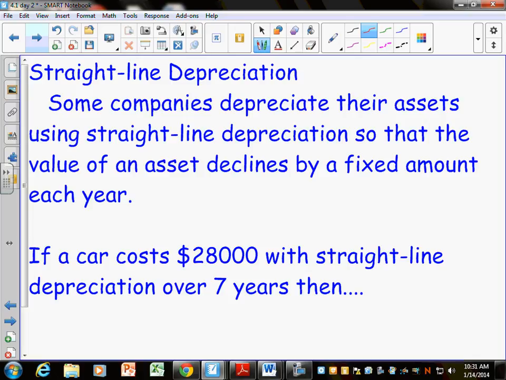Yeah. All right, this is the other thing, which is something I looked over because I thought that it looked difficult, but it's really not. Straight line depreciation says that this is how some companies depreciate their assets. It's linear, so they're going to say that the cost of something is going down the same amount over time. An example would be if a car costs $28,000 and they use straight line depreciation over 7 years, could you tell me how much that car is losing value per year?